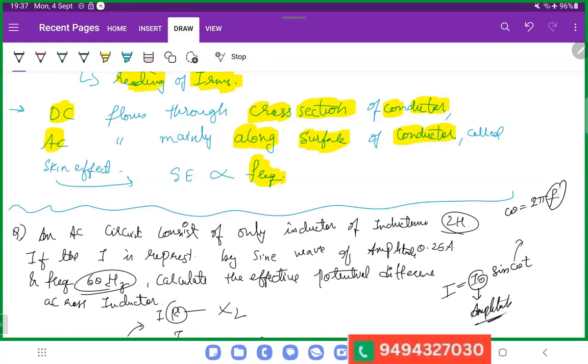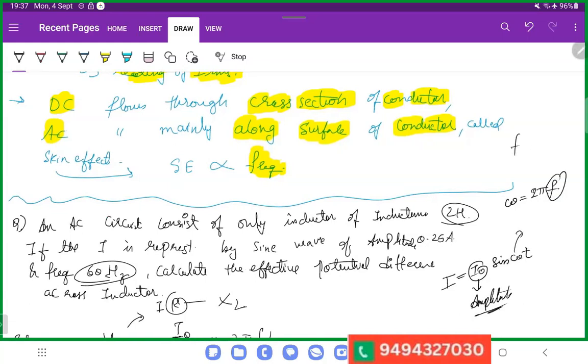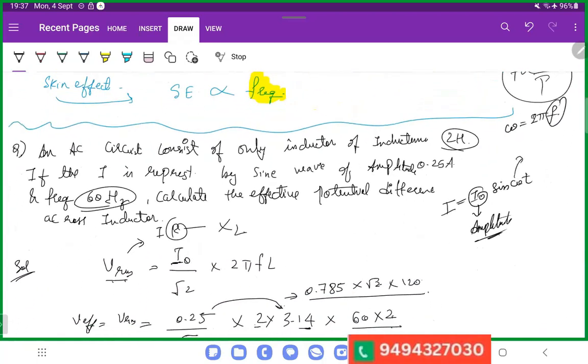So we will use this 60 hertz to find omega. That is the standard equation. So let's make a note of it. We have Henry here, frequency, and amplitude of current.